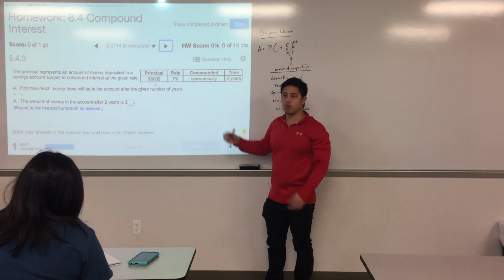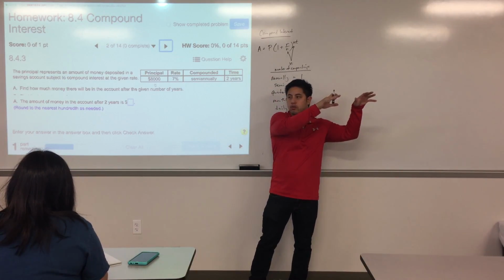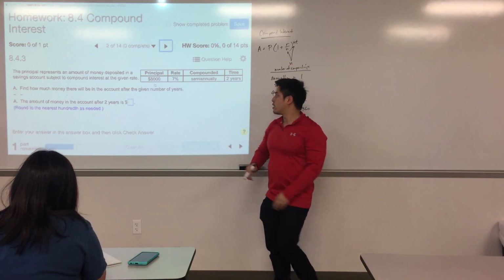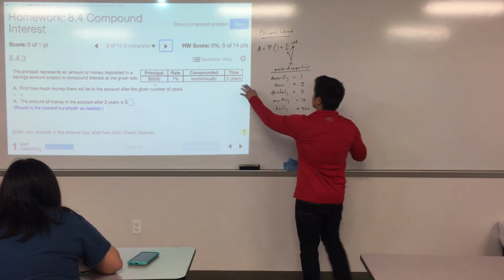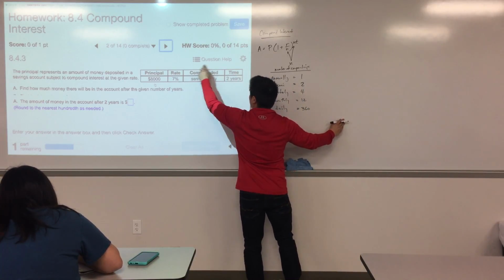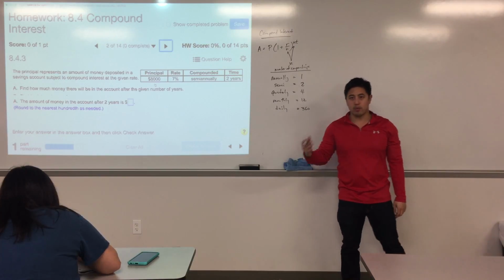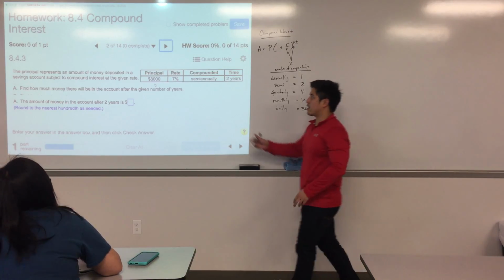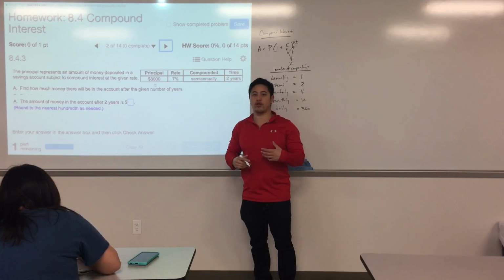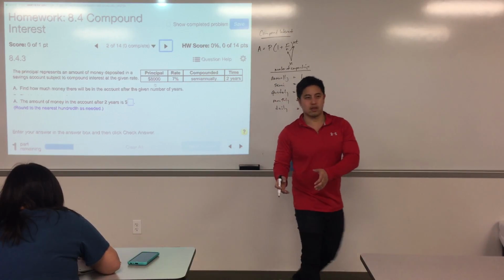Over 2 years, what will that $8,000 grow to? And this is a compound interest problem because we see this key part, compounding. In the previous section on simple interest, you didn't see any compounding. Therefore, you know you're not dealing with a compound interest problem. Does that make sense, guys?